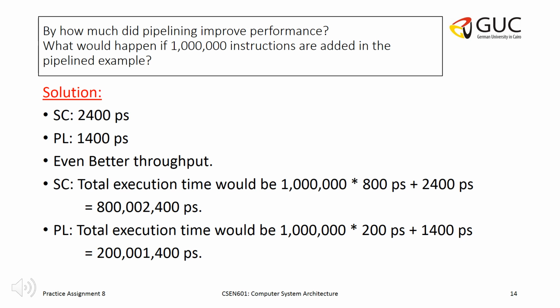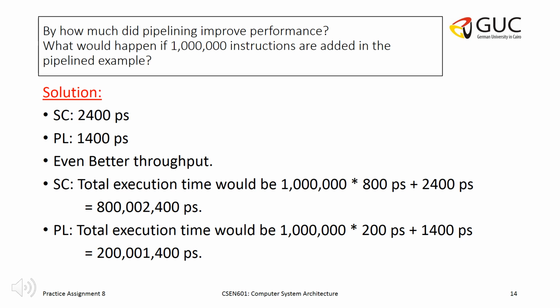We shouldn't care about those exact details. And for the pipeline version, we have 1 million instructions multiplied by 200, since each new instruction takes only 200 picoseconds, plus the 3 instructions we had before, and it will come to about 200 million picoseconds.